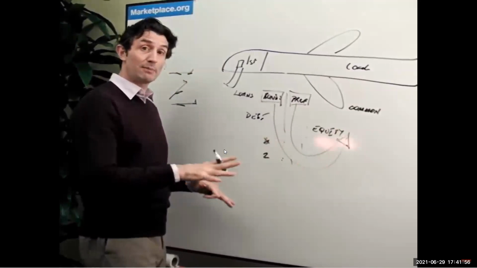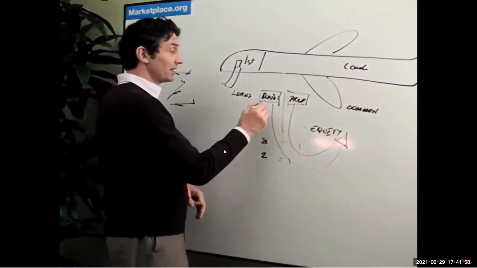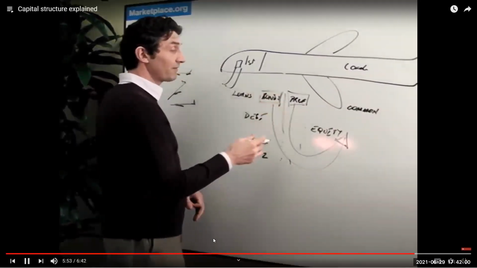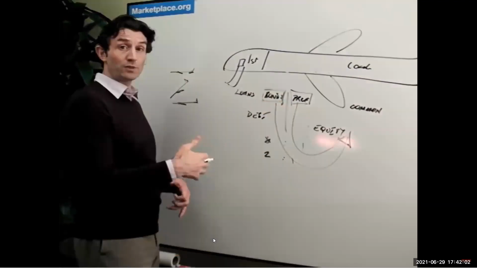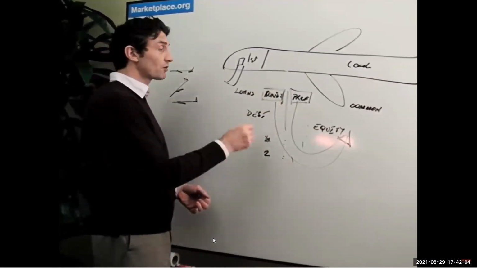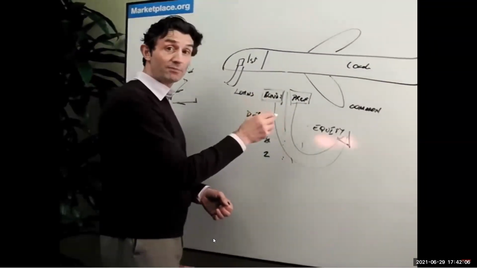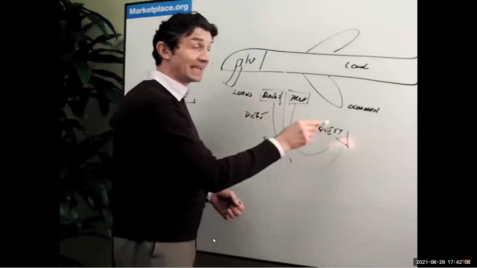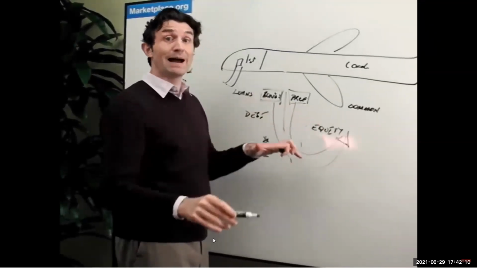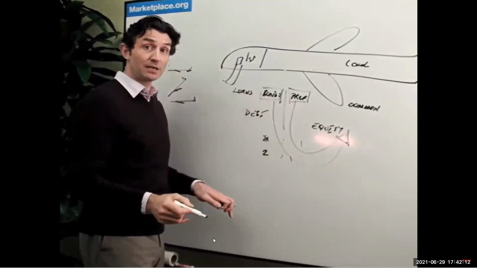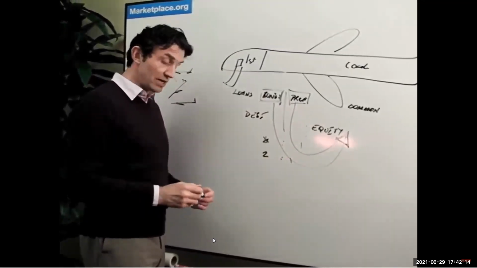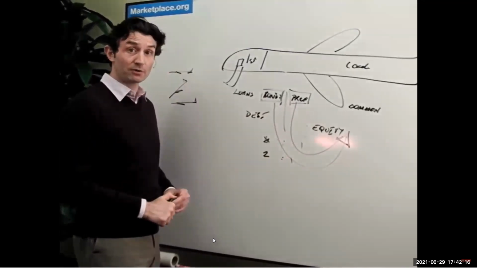That's the decision that these people have to make, and that's the case that's made to them whenever the restructuring managers or whatever it may be are trying to get people to convert from debt or from preferred stock into common stock in order to rebalance the capital structure and make it more likely that the company will survive.